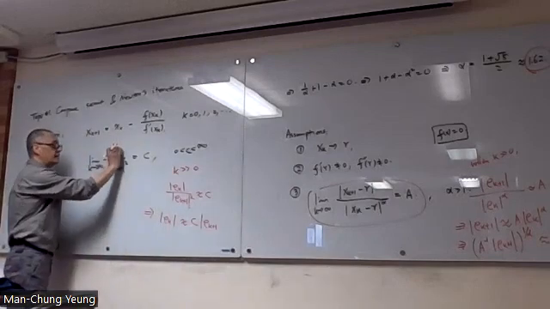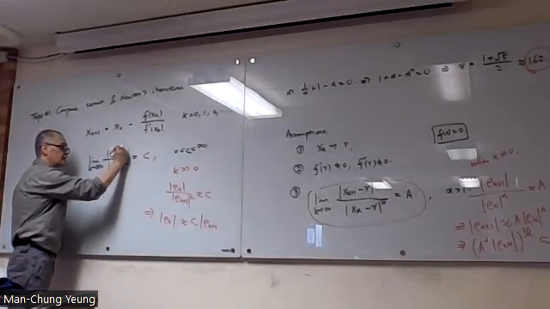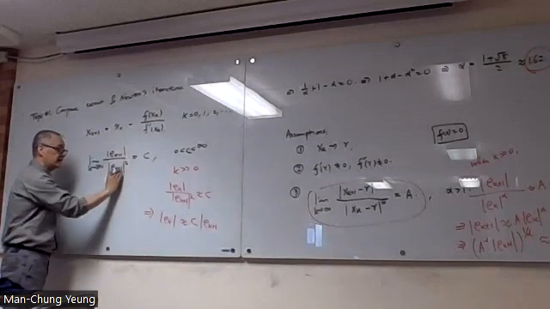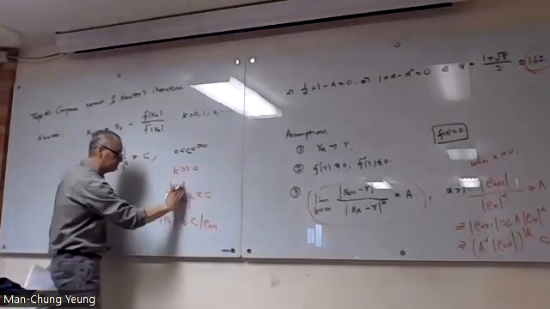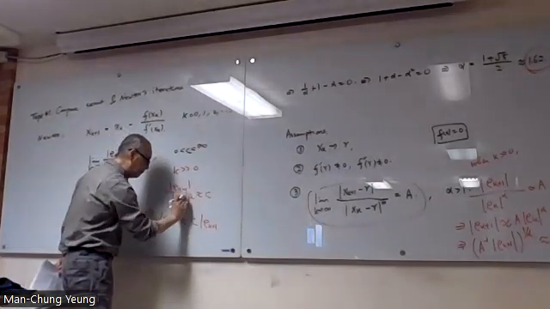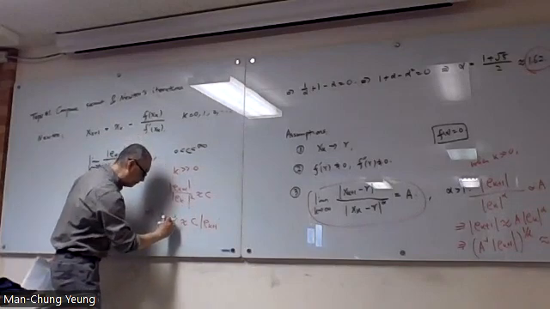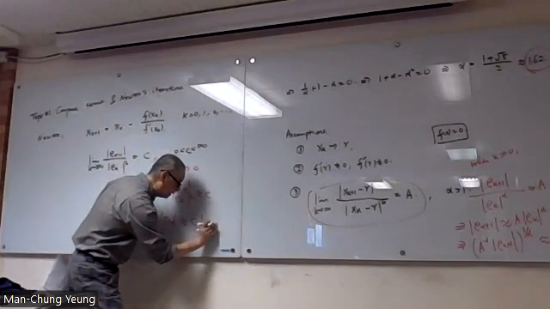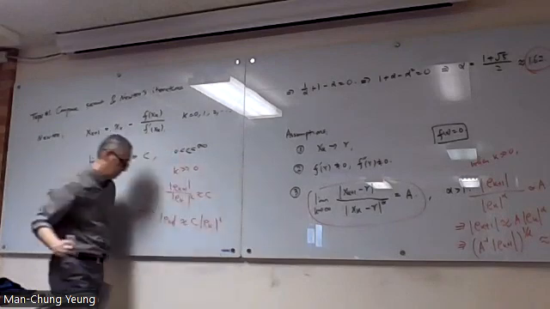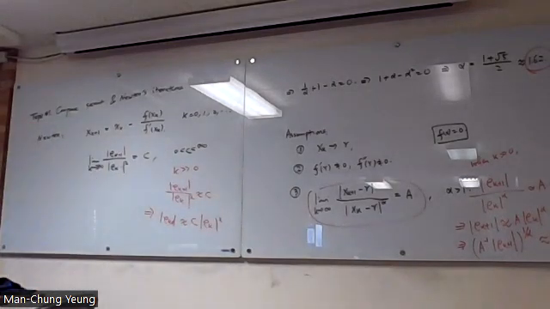The top is k plus 1 and the bottom is k.